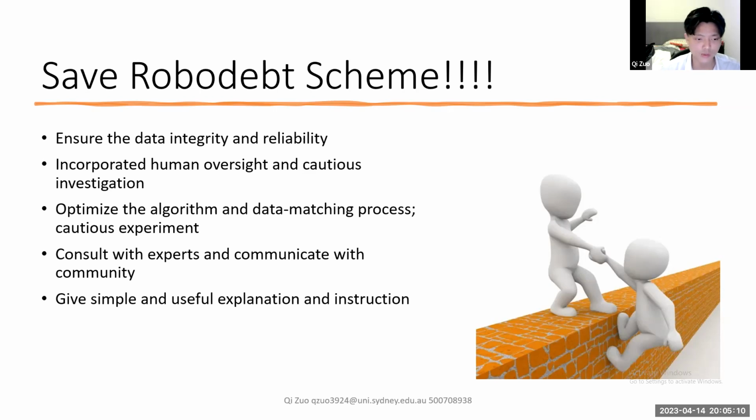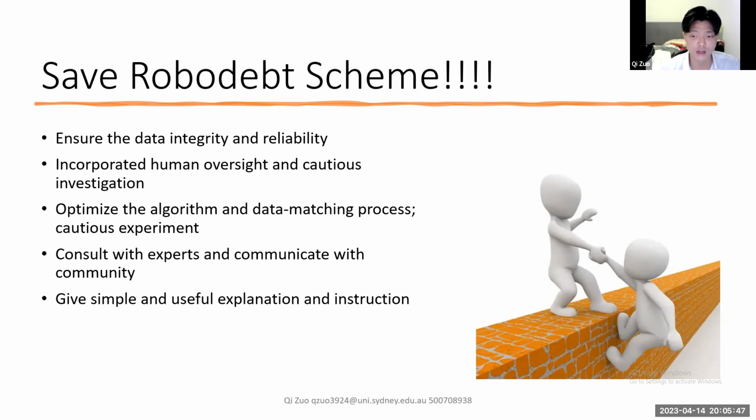The third point is that we need to optimize the algorithm and data matching process. We need to do more research, experiments and training of the model as much as possible to develop the algorithm, so the scheme can run in the future and make sure all people are considered. We also need to consult with experts to get more ideas on how to deal with it from a financial or technical perspective.